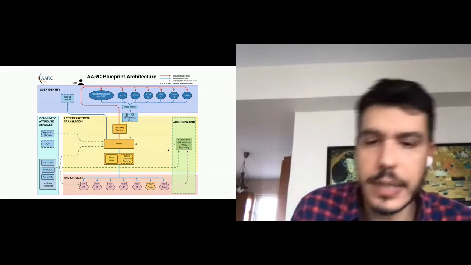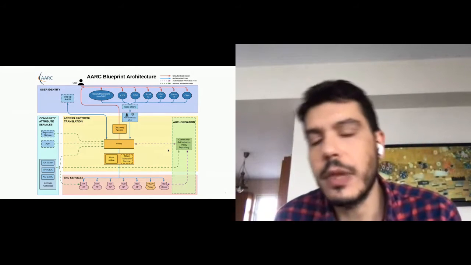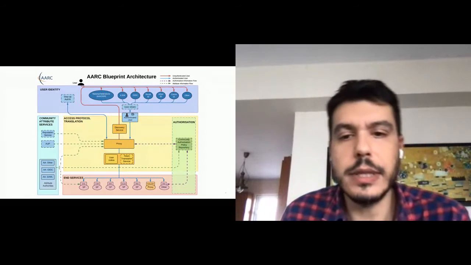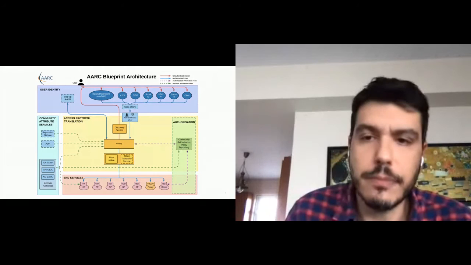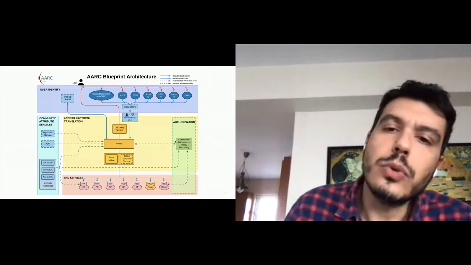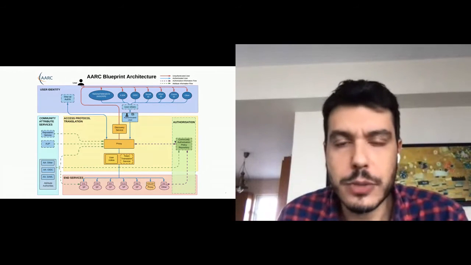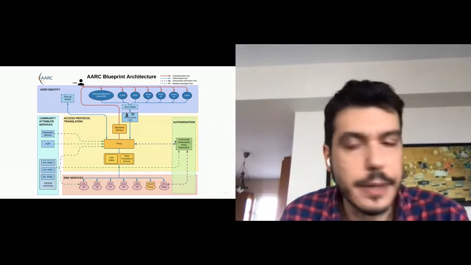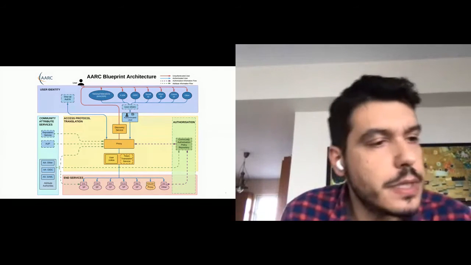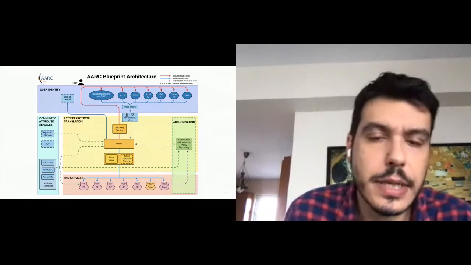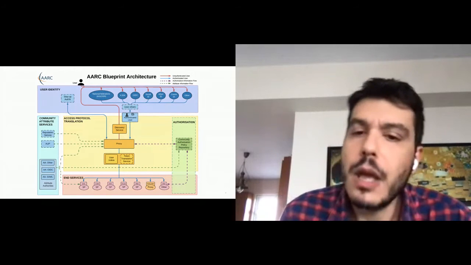So instead of each service having to separately deal with its authorization, it can offload the decision-making process to the central proxy-based AAI. And then there are the end services, which are the services that researchers need to access.